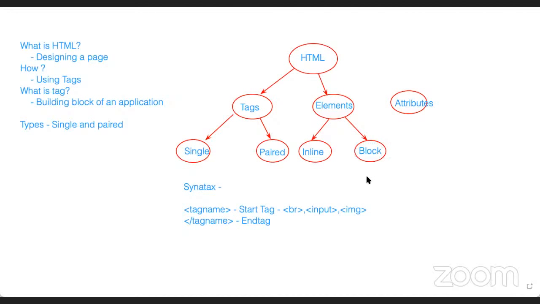You can also have questions: how can we remember whether the element is inline or block level, whether the tag is single or paired? How are you going to remember? These kinds of questions you can keep asking, but it is very simple to understand. In HTML, based upon their usage, the tags are also categorized into two different types, semantic and non-semantic.